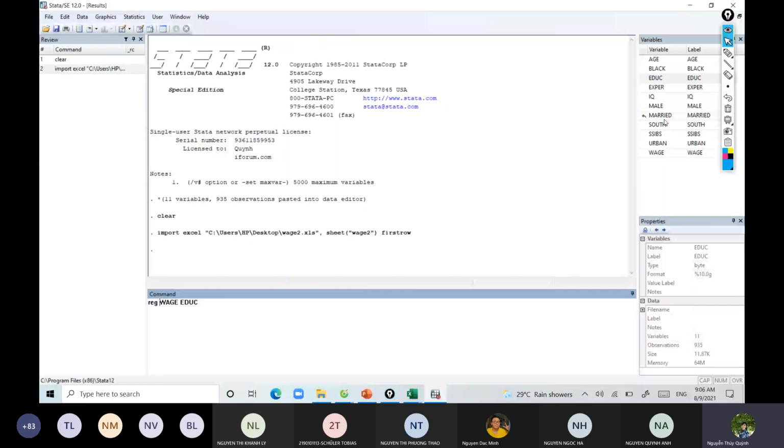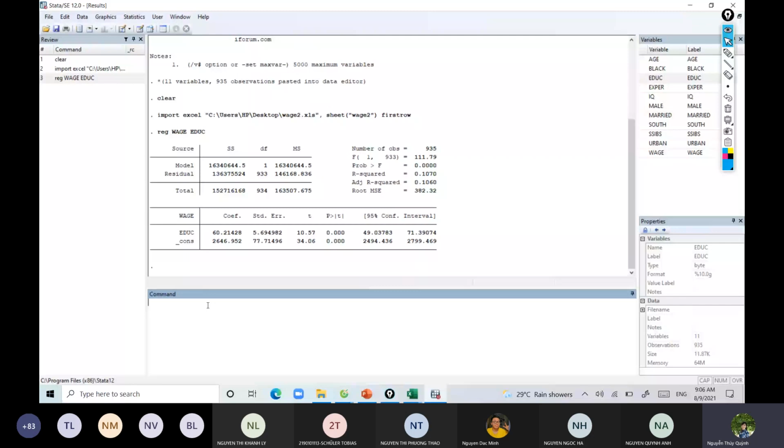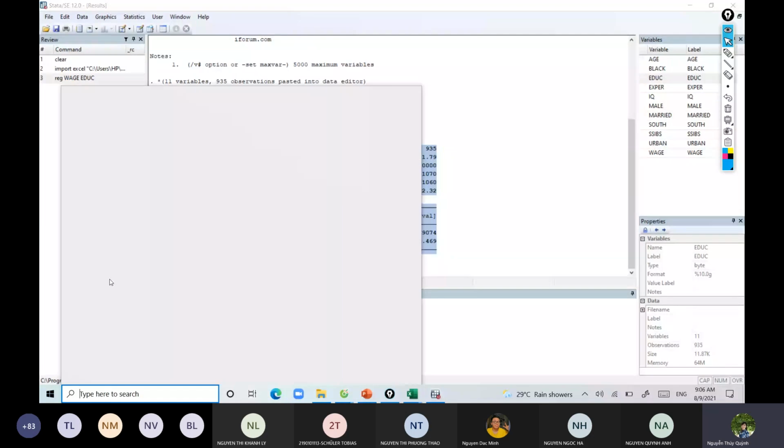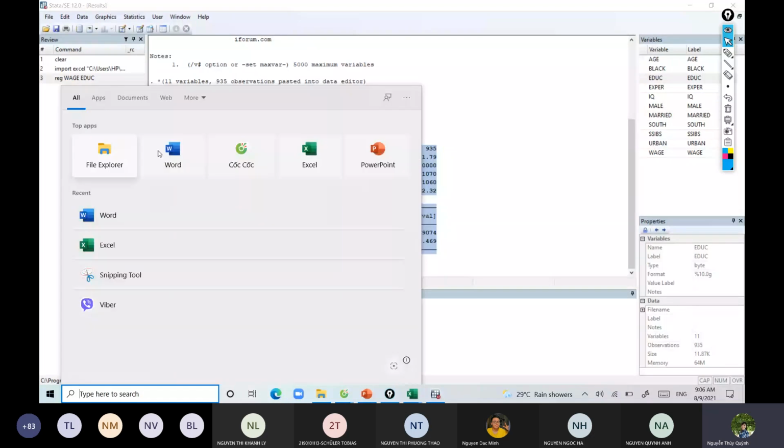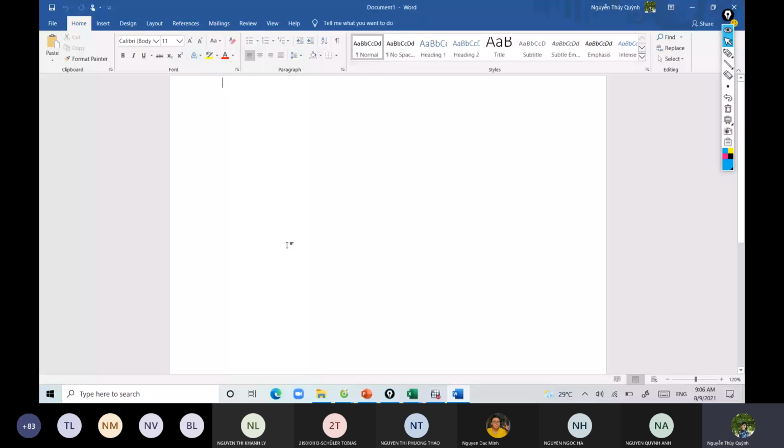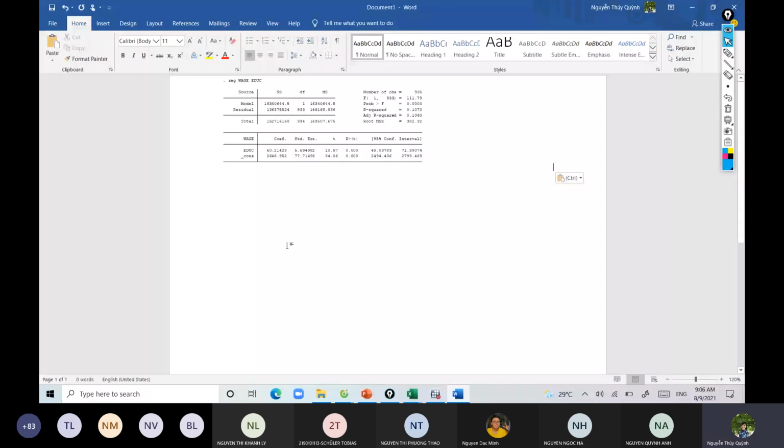Then press enter. You will get the estimation output here. I will show it in Word so that you can see it more clearly. This is our estimation output.